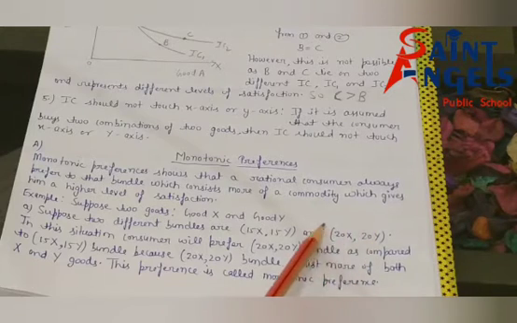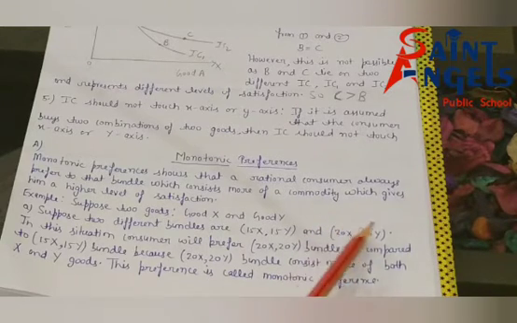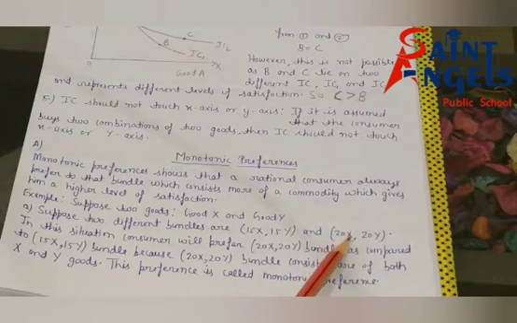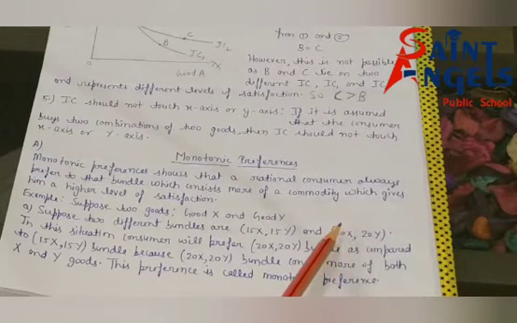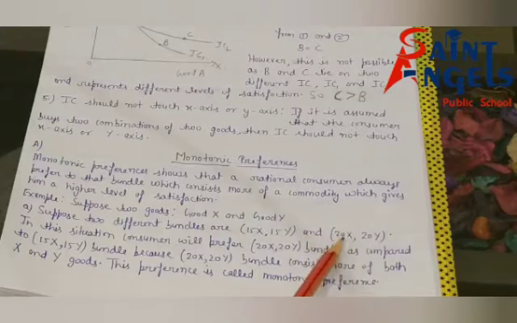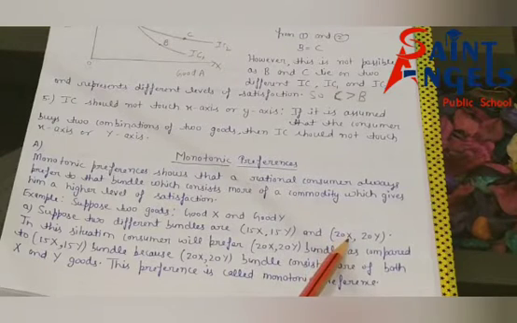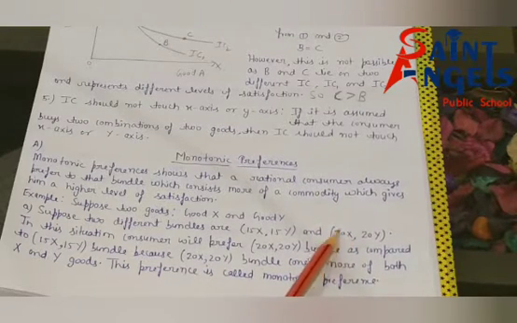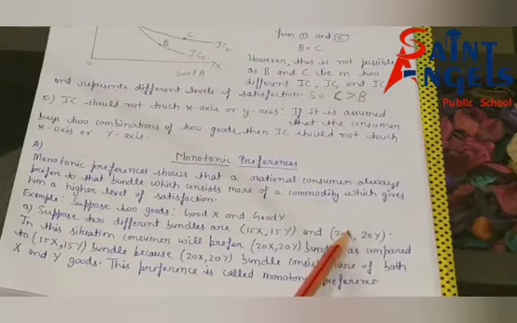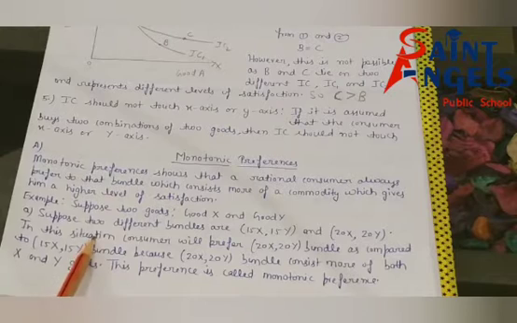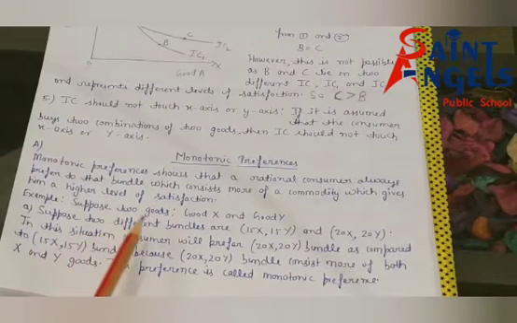Second bundle consists more units of a commodity, or you can say more units of both commodities, because 20 units of good X and 20 units of good Y. So consumer will prefer the second bundle because the second bundle consists more of both commodities.